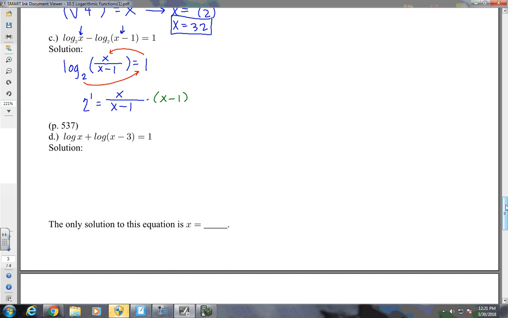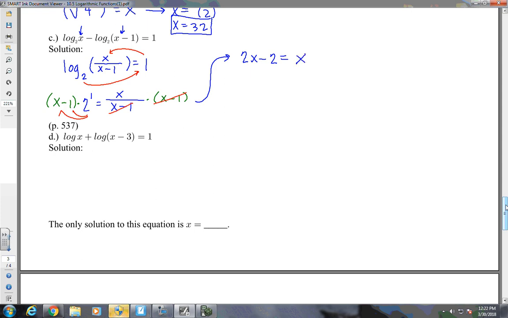So I'm going to multiply the left and the right by this factor x minus 1. When I do that, the x minus 1 cancels on the right side, and I can distribute the 2 into this binomial on the left. So this brings us to 2x minus 2, and on the right side, all that's left over is x.